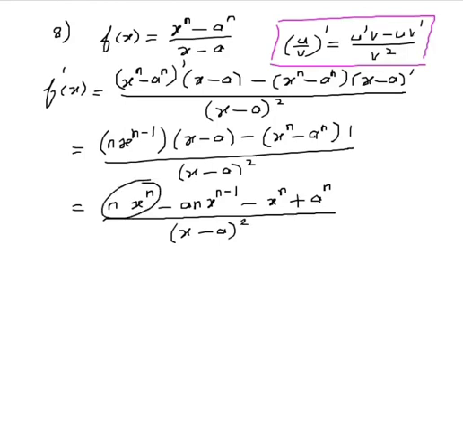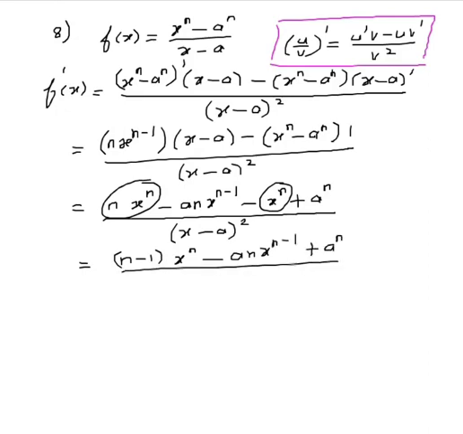These two are like terms. It becomes n minus 1 times x power n minus a n x power n minus 1 plus a raised to n divided by x minus a the whole square.